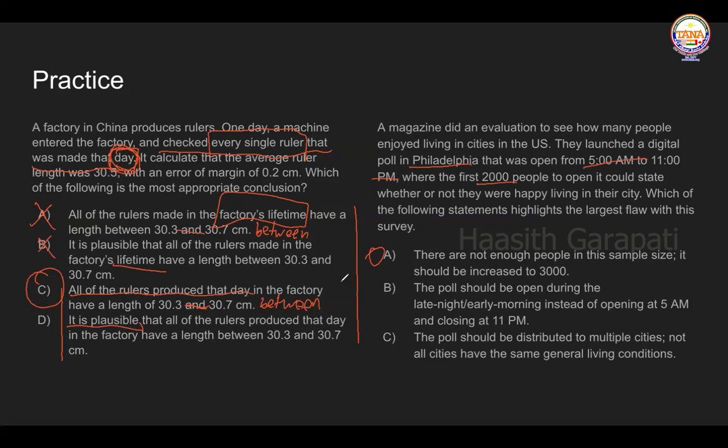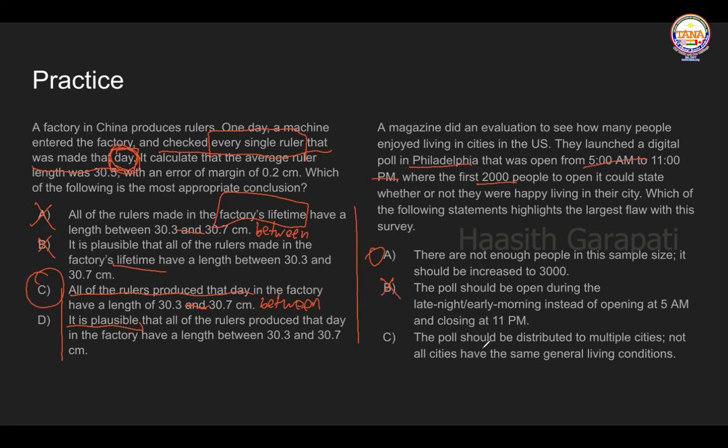And if you think about it logically, there's not going to be as many people awake at extreme times as there are going to be people awake at normal times. So even if you do the tip given in B, it's not going to give you that much benefit. So B is not going to be a great answer.